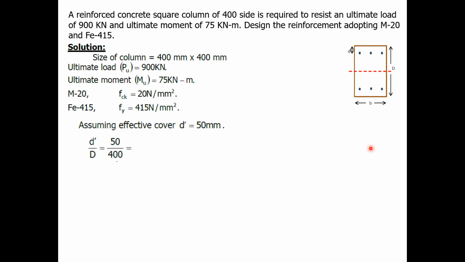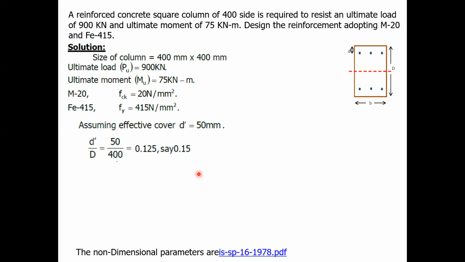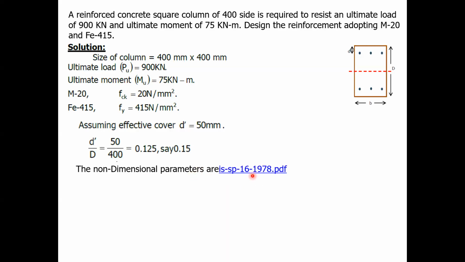So how much are you getting? 0.125. Okay. So you'll just round it up to 0.15. So as per SP16, 1978 or IS 456.